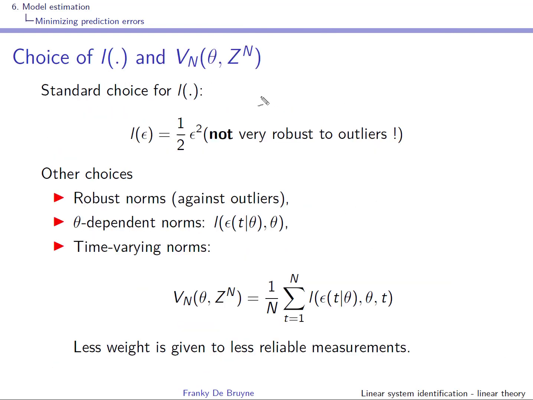So the standard choice for this positive function is the following one. In practice, we'll minimize the sum of squares of the residuals. This is because we've seen in the course of linear algebra that very often for certain model structures such as ARX and finite impulse response models, this will lead to a least squares problem, and this is nice because we have a neat way to compute the estimate and we do not run the risk of a local minimum.